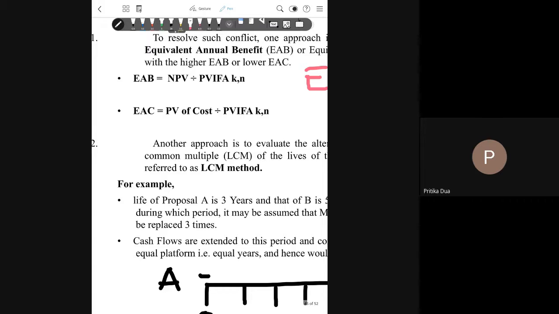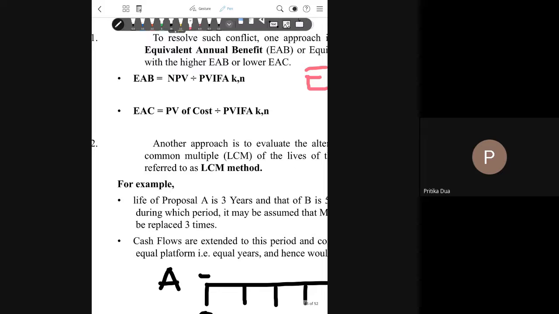So the annuity amount for n years, which has been discounted at rate K, the nomenclature is used here. K and N. K is the interest rate or the minimum required rate, and N is the number of years. So we calculate the annualized benefit using this formula, and the project where the net benefit is the highest would be accepted.